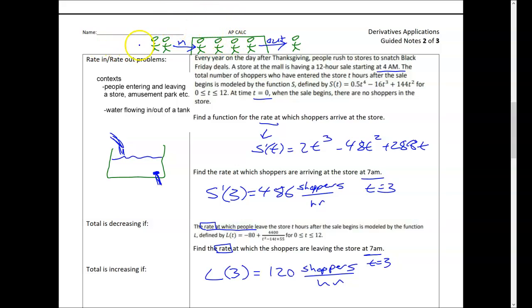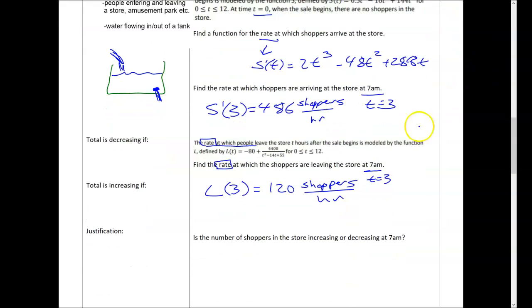Well, now we have a little bit more information about how they're entering and leaving. In my sketch, s prime of t describes them entering, the rate at which they enter. And L of t describes them leaving, right? So how do we figure out how the number of people in there is changing? Well, it's going to depend on how fast people are leaving and how fast people are entering.